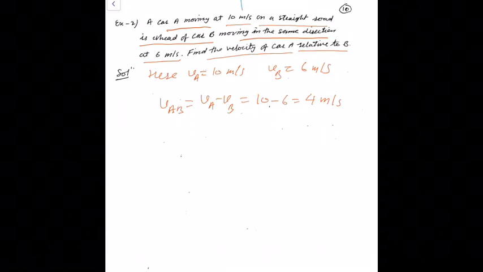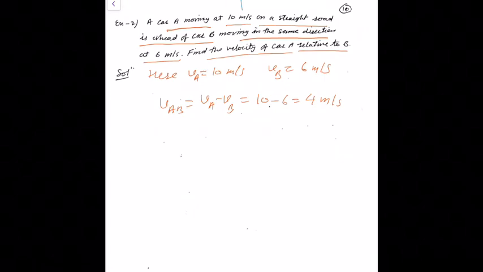That is, positive velocity indicates that the driver of car B sees car A moving ahead from him at the rate of 4 meter per second.